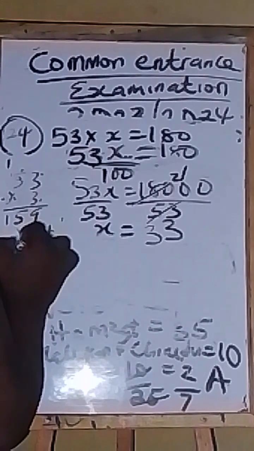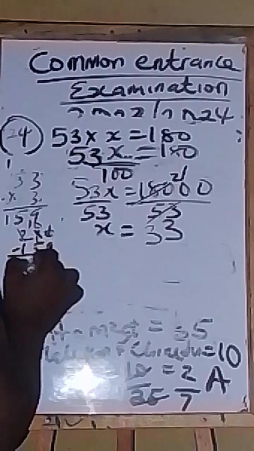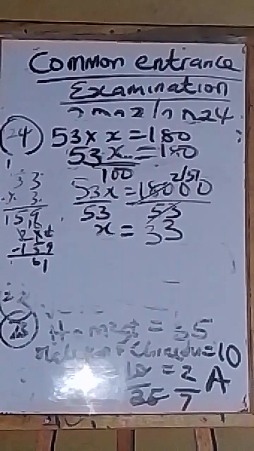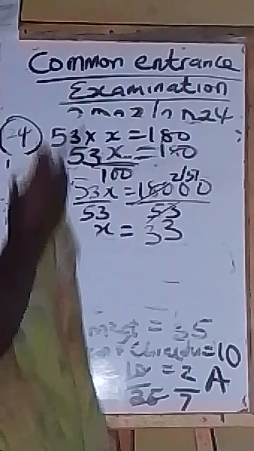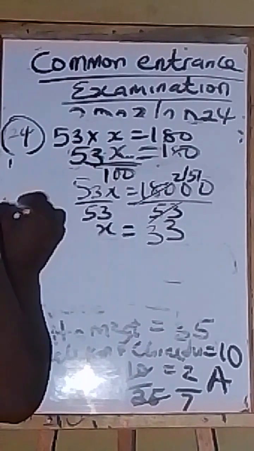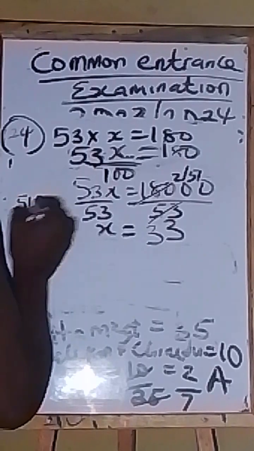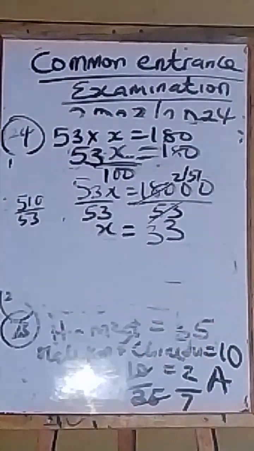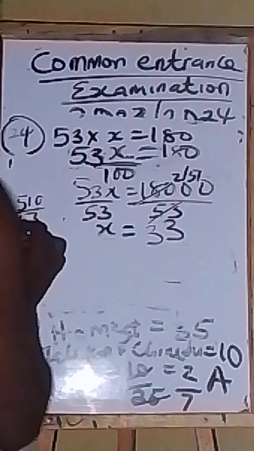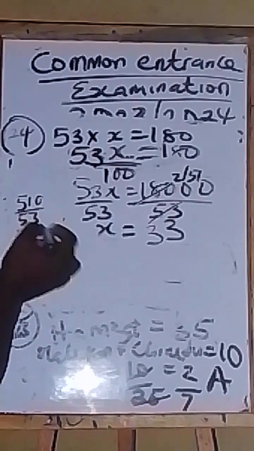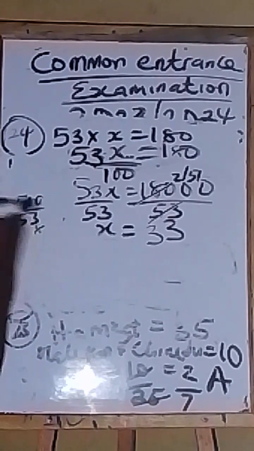Then this will become 10. We have 5 there. So 510 divided by 53. Check what 53 is. That will give us what? 8.